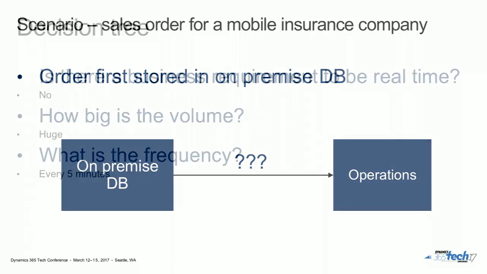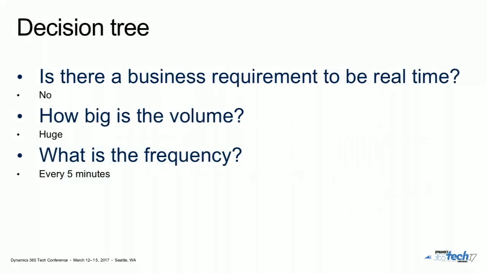Okay. So the pattern here, of course, they have really high volume of sales orders, so it's asynchronous. In terms of business requirements, there was no real-time need for them. And in terms of volume, it was huge. It could be somewhere between 100 to 200K a day.